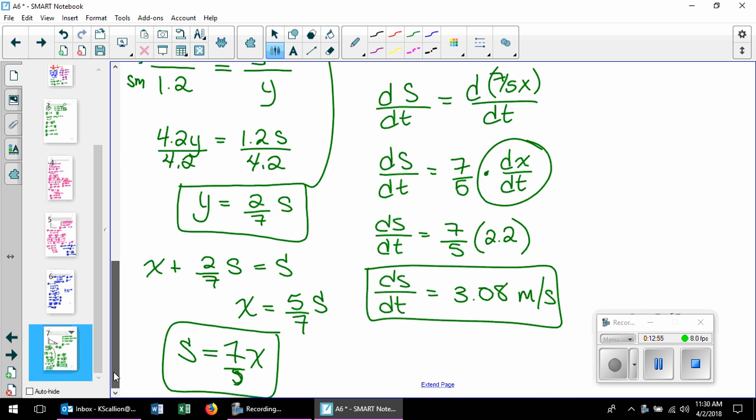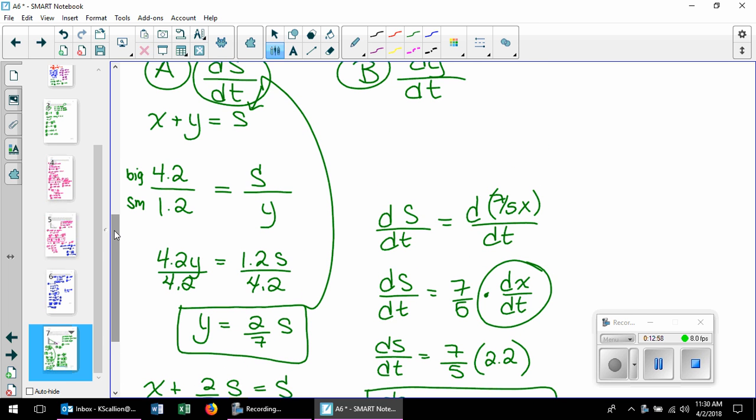Part B is going to be a little bit easier because we did some of the math already. Okay, part B, switching colors here. Part B says we are going to do dy over dt. So what do we know? Okay. Well, we have something even easier. That's our equation from here.